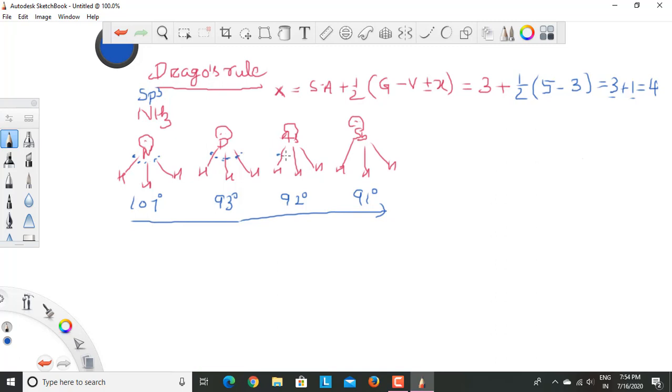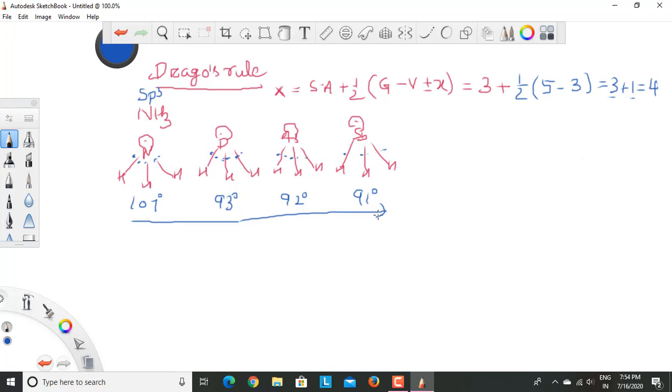If the bond pair goes away from the central atom, repulsion between bond pairs decreases. In all cases, lone pair bond pair repulsions are equal, and repulsion between bond pairs decreases. So bond angle decreases. That is correct.